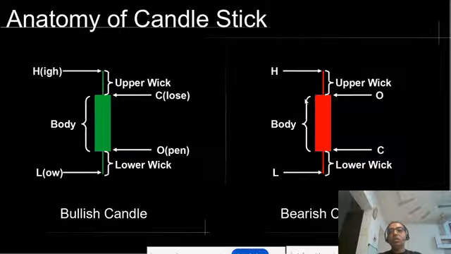It has opened at the top, so O is top, closed at relatively bottom, and in between it has gone up and down, and all of that has been captured and shown as high and low. Usually people talk about this as HLOC, right? So high, low, opening, and close price. These are the two types of candles.